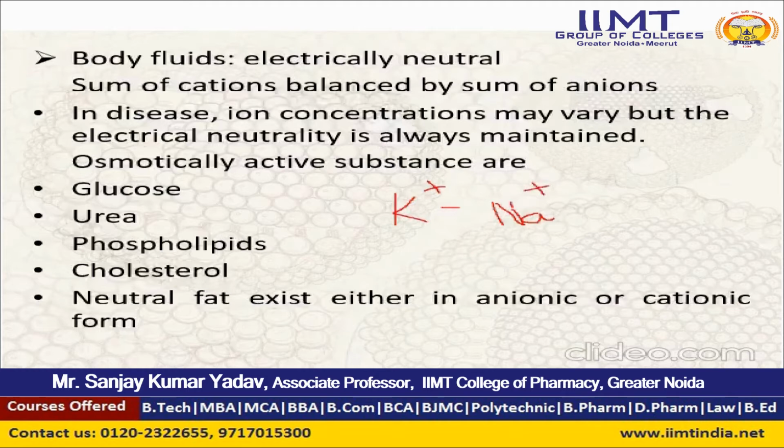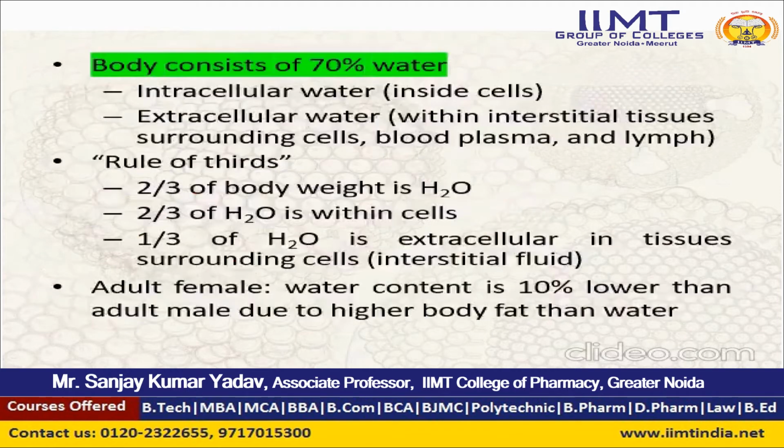Before we go further, understand the osmotically active substances, that is glucose, urea, phospholipids, cholesterol. They are all required for a body fluid. They are electrically neutral and very useful things in our fluid.